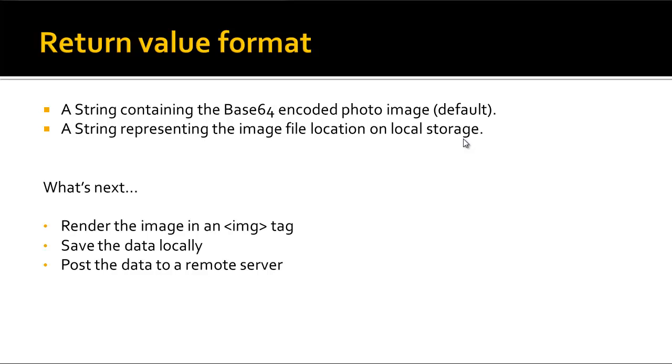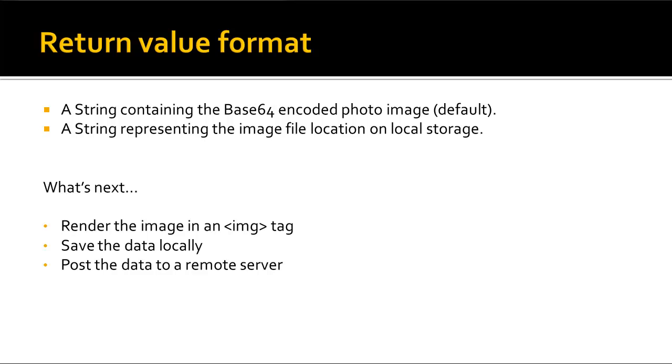Now, you're probably going, that's great, but what does that actually mean? Well, let's take a look at this first format, a string containing the base 64 encoded photo image. What that is, is a giant string that is being decoded and rendered out through the browser alone. So, you're probably going, okay, well, what does that mean?